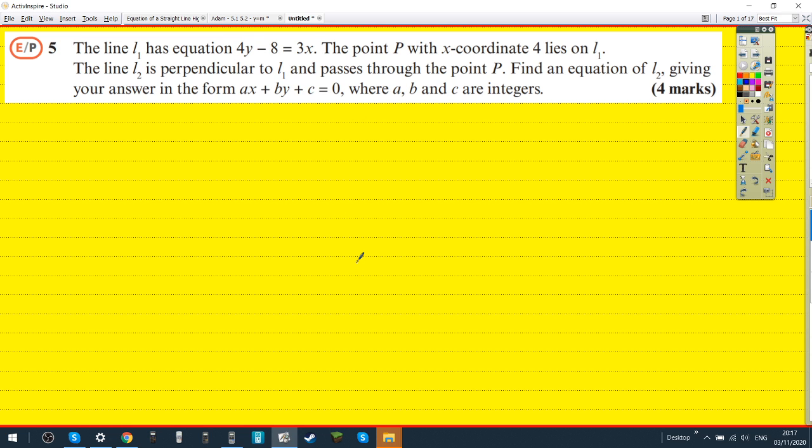So you can just plus 8 on both sides, which would give you 4y equals 3x plus 8. And then you divide by 4 on both sides, which would give you y equals 3 over 4x plus 2.